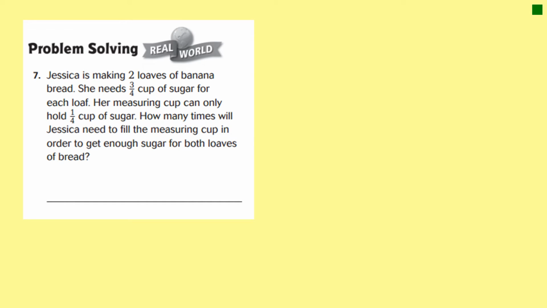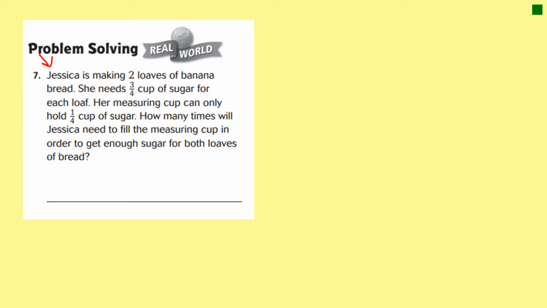All right, now we're down at the bottom. Let's read this. Read along with me. Jessica is making 2 loaves of banana bread. I love banana bread. She needs 3/4 cup of sugar for each loaf. Her measuring cup can only hold 1/4 cup of sugar.